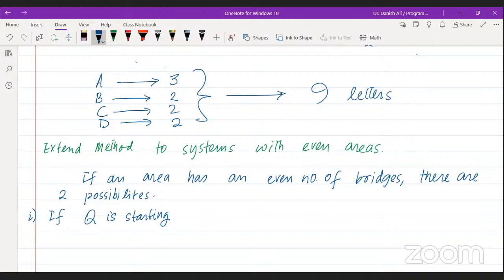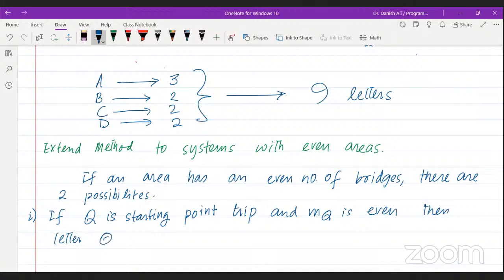So for example, if you are starting your trip from a point Q which has an even number of bridges connected, and Q is even, now tell me how many times the letter Q will occur in the string.